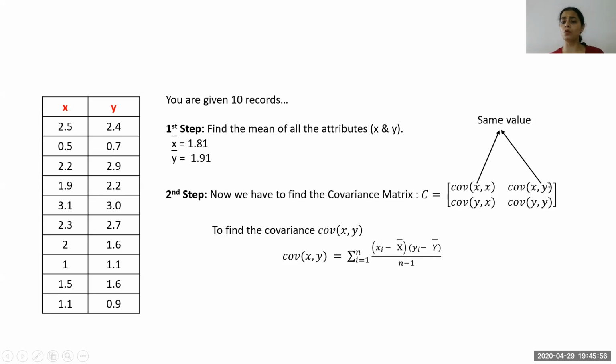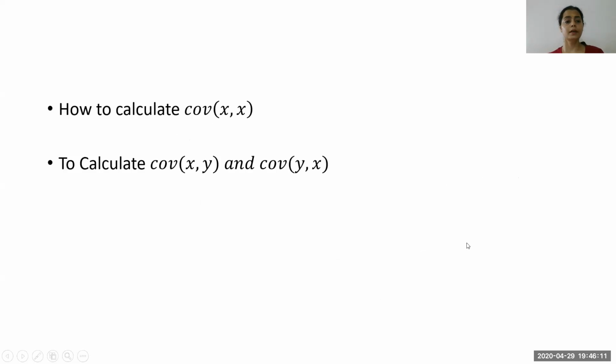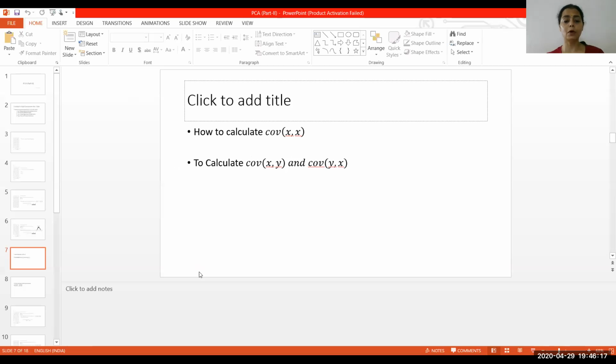It is interesting to note that the covariance of xy and the covariance of yx are absolutely the same. Now, how are we going to calculate the covariance of x and x, and of y and y?